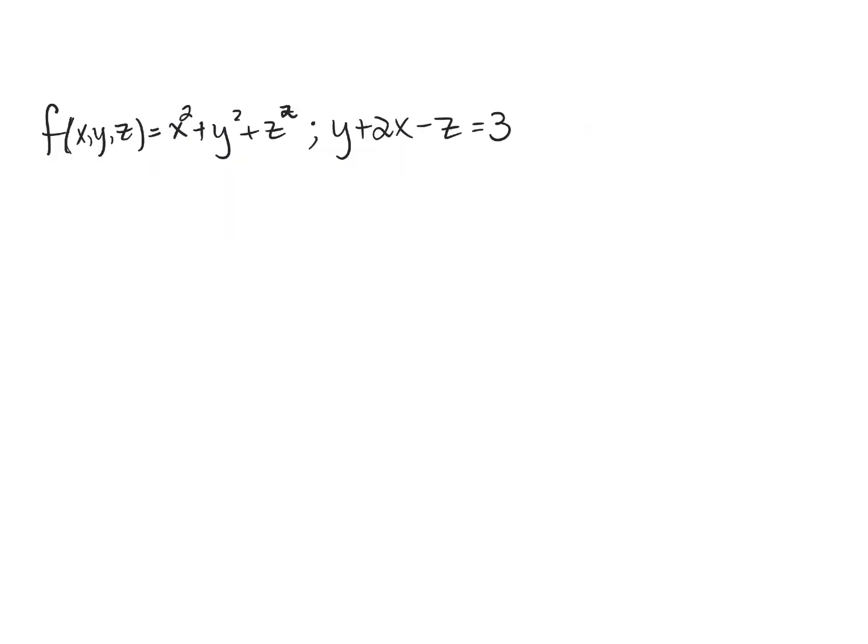Okay, so now let's look at this new problem with 3 variables and this constraint. The first step is to write this equals 0, and that will be our g of x y z. So I'm just going to move the 3 over and make that negative.